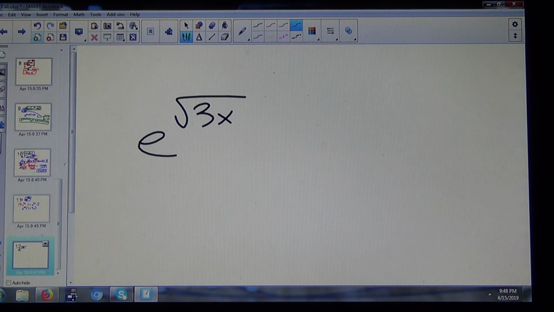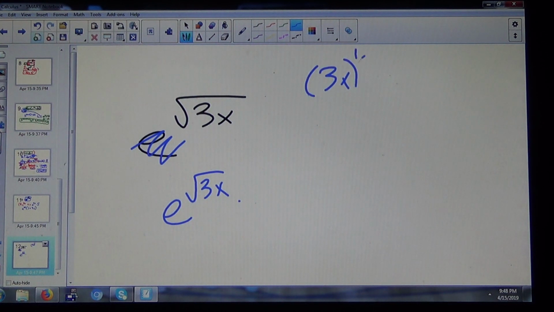Okay, so the derivative of e to that is just e to that. Okay, that's how you do the derivative of e. Times. So if I rewrote this, it'd be 3x to the half. How do you do the derivative of that?